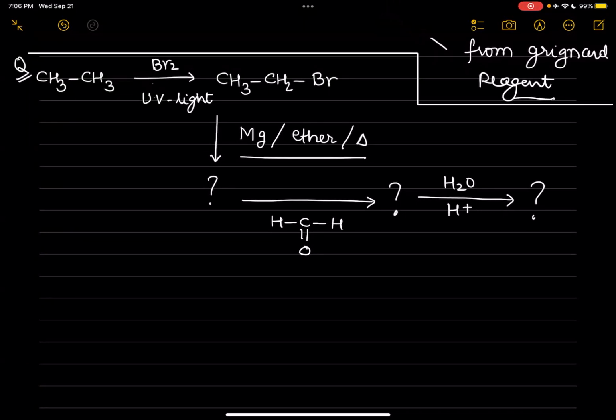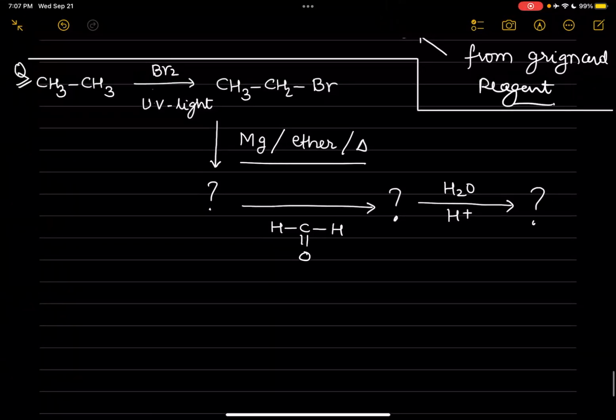Magnesium has atomic number 12, so it has 2 outermost electrons. It will give 2 electrons, and magnesium is going to break this bond and form a bond with the alkyl group and the bromide.